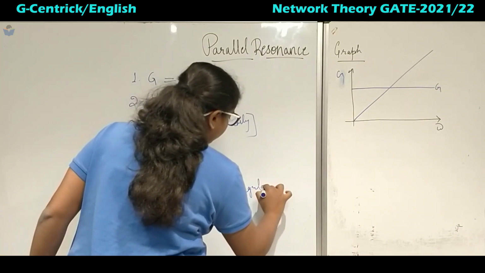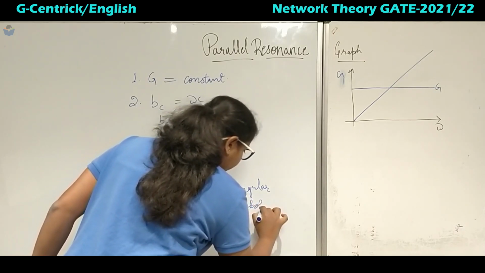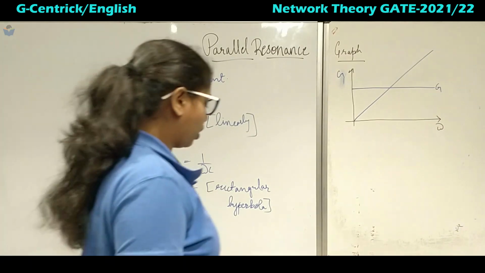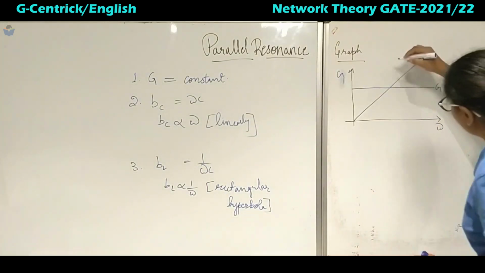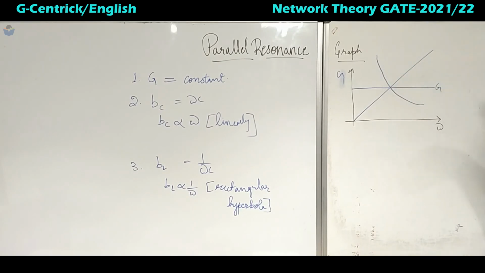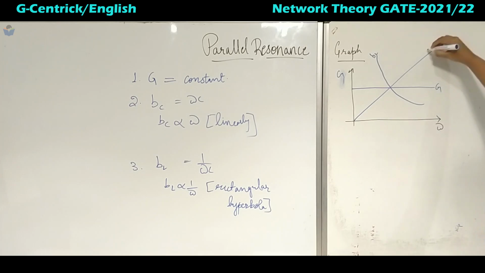It will be a rectangular hyperbola. So now how will I draw this rectangular hyperbola? In this way, right? So this is BL, this one is BC.